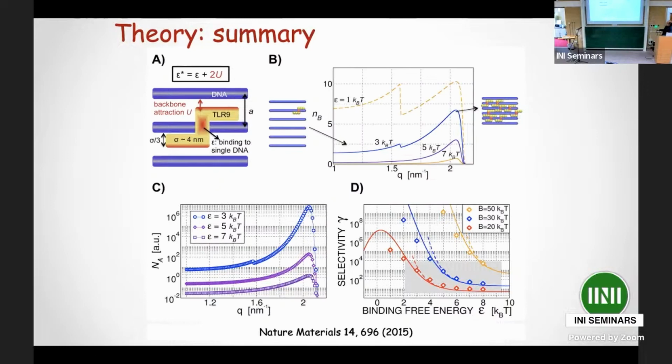You see this is a logarithmic scale, so we have this strong preference for a specific lattice spacing, which is consistent with experimental observation, even though it's a very simple model. But we believe that this is the actual explanation: the geometry of the self-assembled clusters crucially influences the multivalent binding of the receptors to the cluster, and then the activation as a consequence.